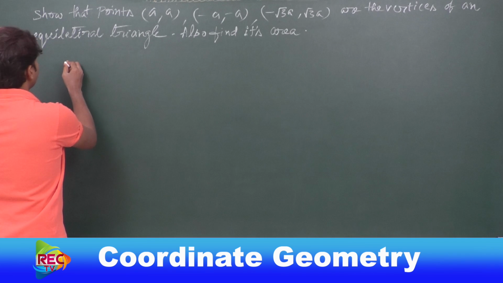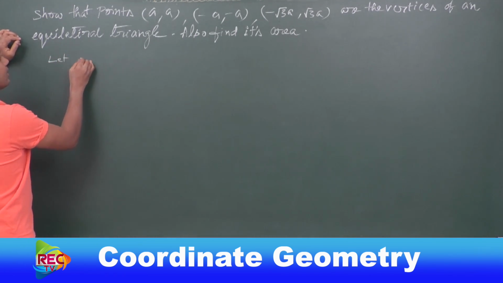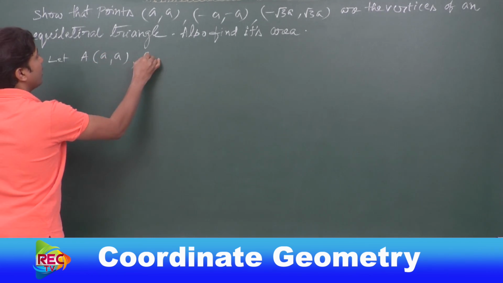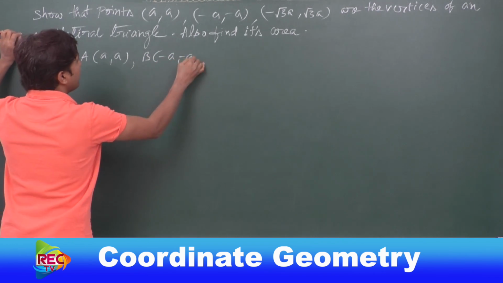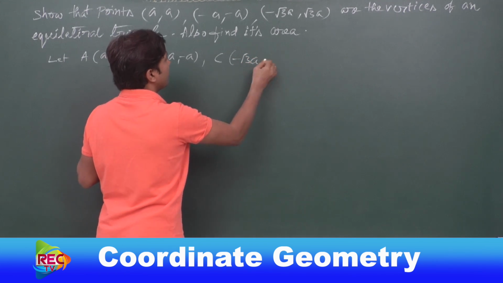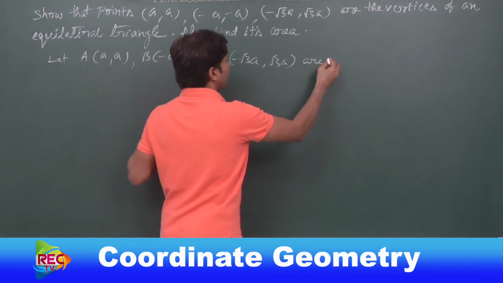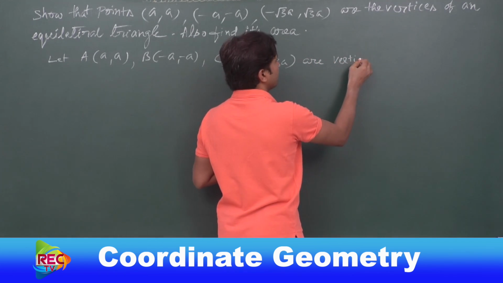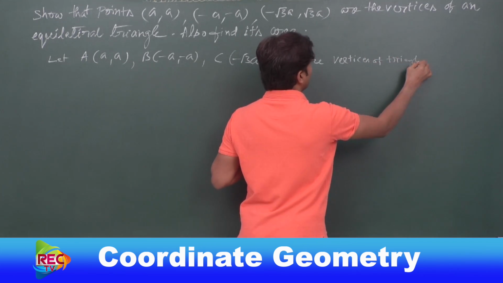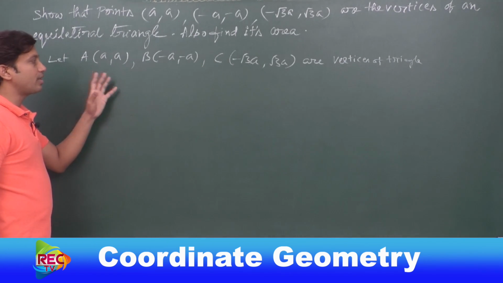First we need to let the points A (a, a), B (-a, -a) and C (-root 3a, root 3a) be the vertices of the triangle, and we need to show that these are the vertices of an equilateral triangle.